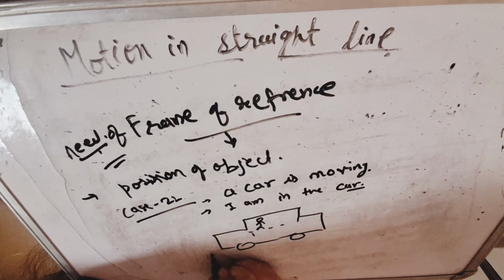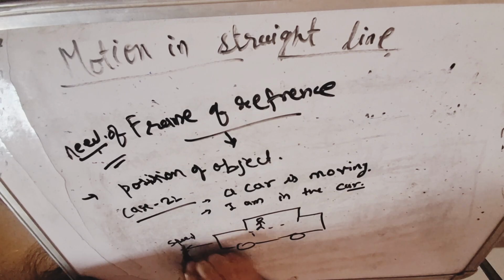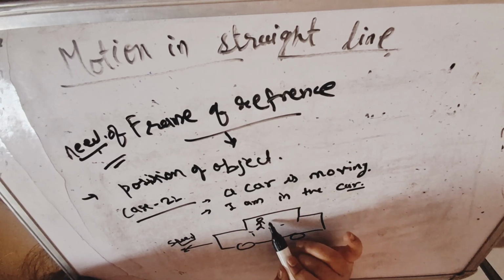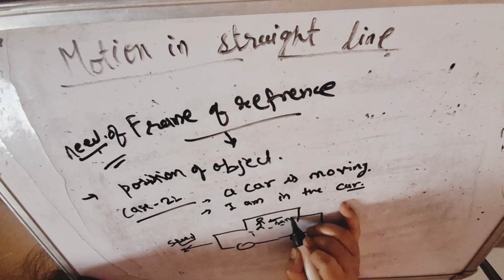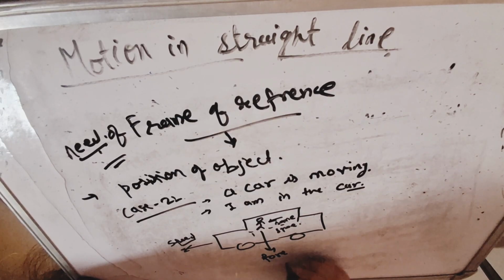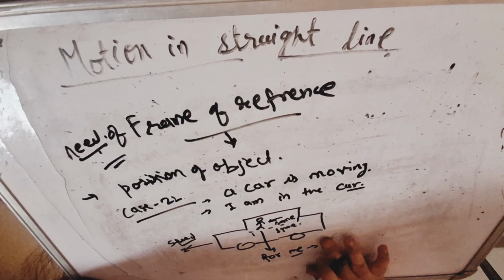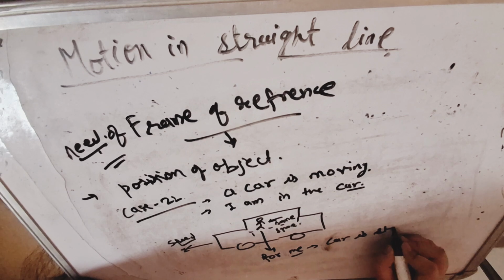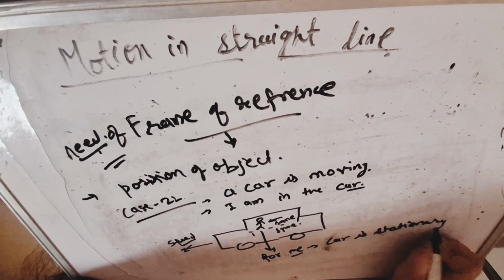I am in the car. The car is moving with some speed. Okay, I am also moving with the same speed. Now for me, in this situation, the car is stationary.